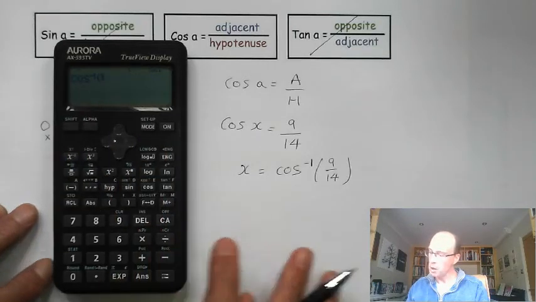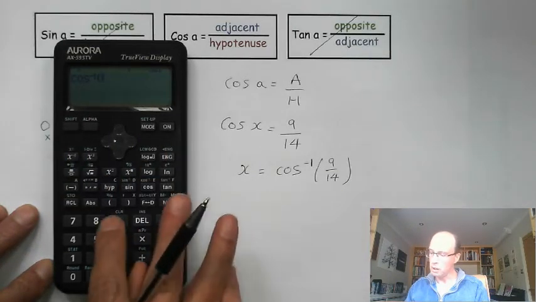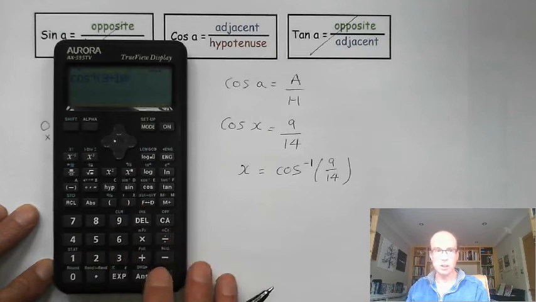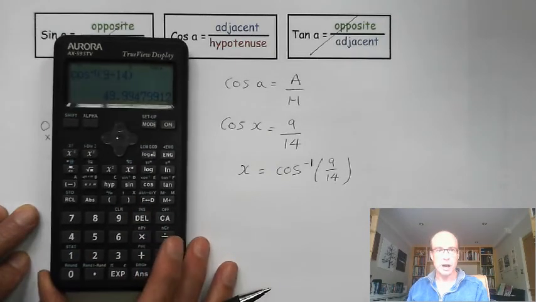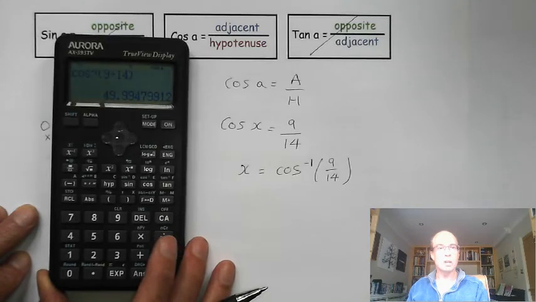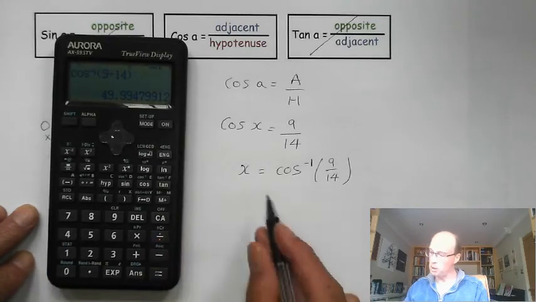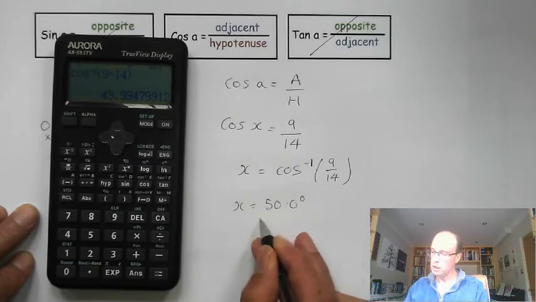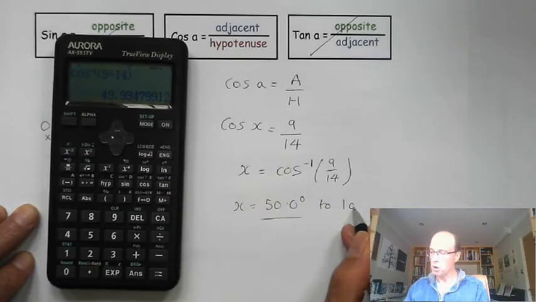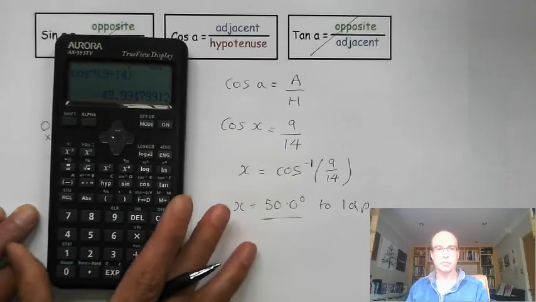I'm going to put my 9 over 14 in. 9 divided by 14, close my brackets, press equals, and I've got a value 49.99, so I'm going to round that up to X is equal to 50.0 degrees to 1 decimal place.